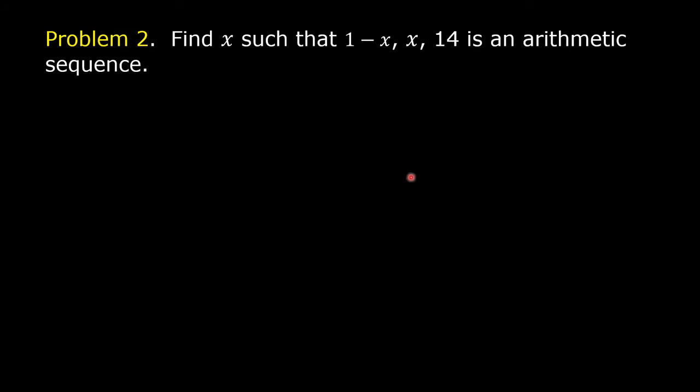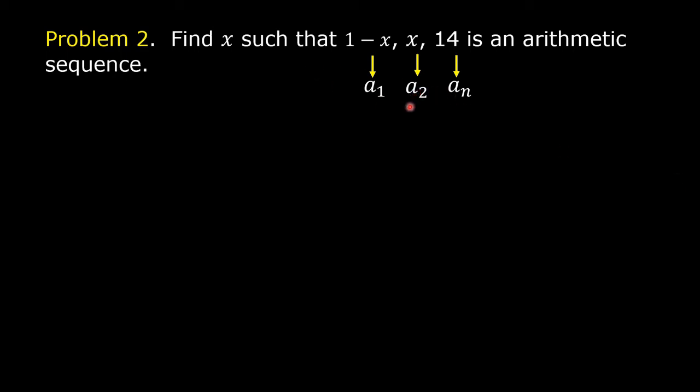Problem number 2. Find x such that 1 minus x, x, 14 is an arithmetic sequence. Let us first represent the first term by A sub 1, the second term by A sub 2, and the third term by A sub n.